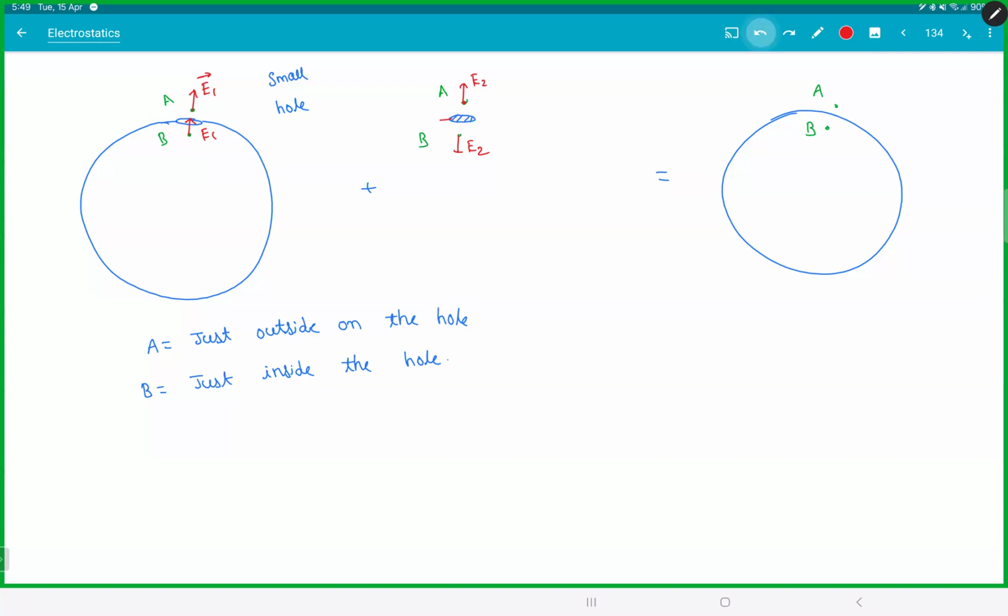So here, E1 is the field due to the remaining shell, and this is what I actually want to find, at the hole. E2 is the field due to that small patch.